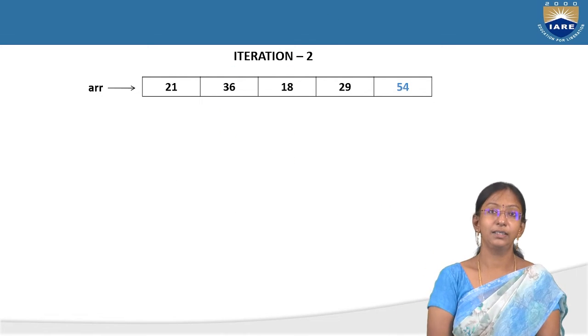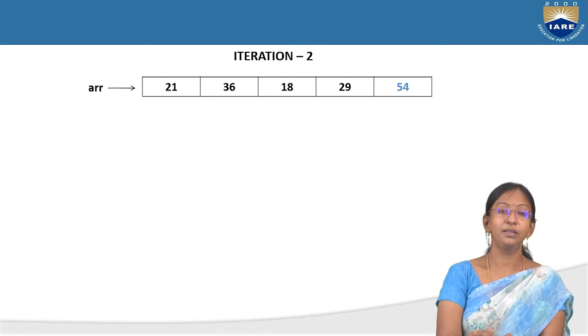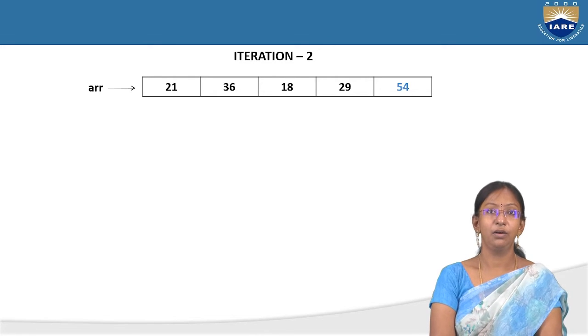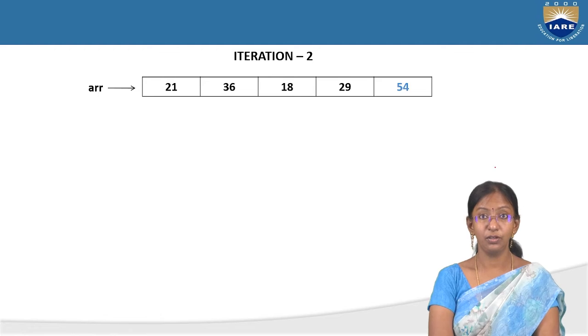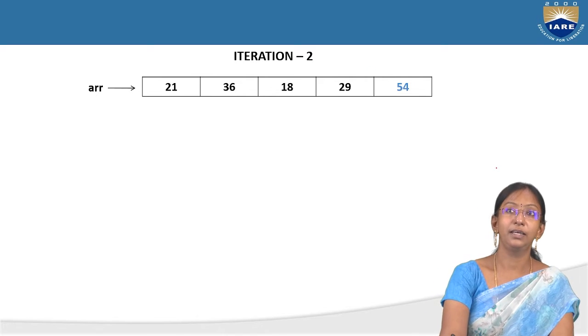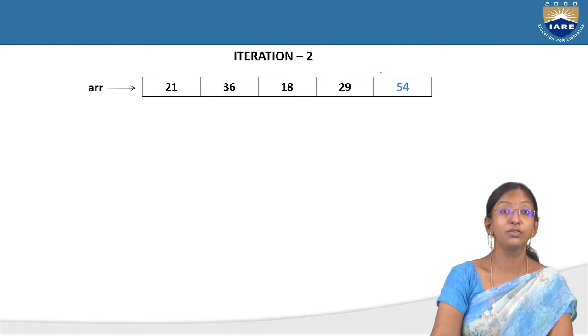So have a look at this list. This is the starting list of my second iteration, which I have fetched from the end of the first iteration. You can see that 54 is frozen. I have converted its color to blue just to specify that it is frozen.